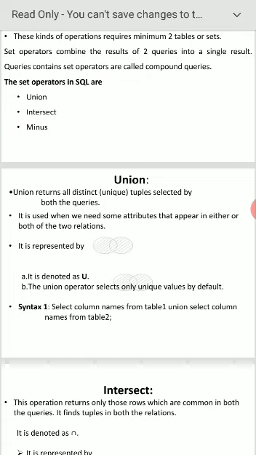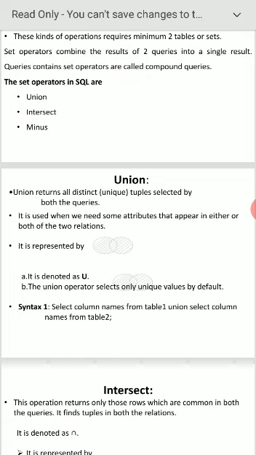It will combine only distinct values or data or tuples. Here it combines either or both of the two relations. It is represented by the figure you see here. This is called union. It is denoted by the U symbol.